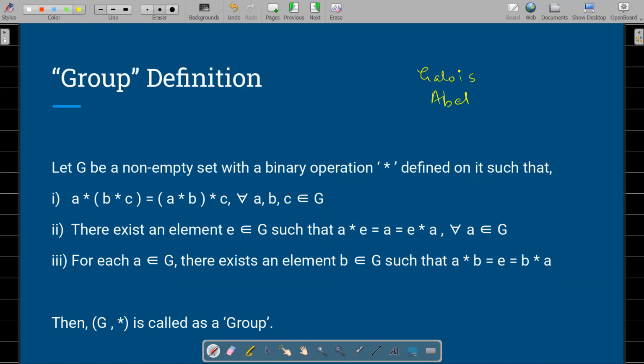Essentially, Galois as well as Abel were proving things about polynomials: roots by radicals, or roots in terms of the coefficients and functions. For example, for a quadratic, we have minus b plus minus root of b square minus 4ac, by 2a. They give us the roots, and such a formula is available for degree 3 and degree 4 polynomials. But from degree 5 onwards, there is no general formula, and this fact was to be proved.